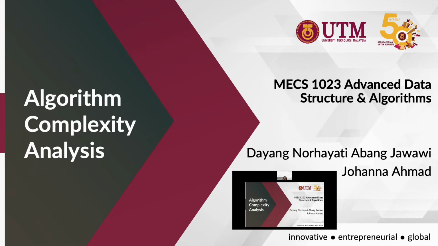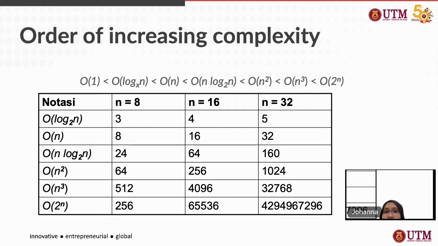Now it is time for us to learn about other techniques that we can use to measure efficiency. These are the orders of increasing complexity. As we learned in part one, the complexity starts with O(1) and goes up to O(2^n), meaning that O(2^n) is the most complex.